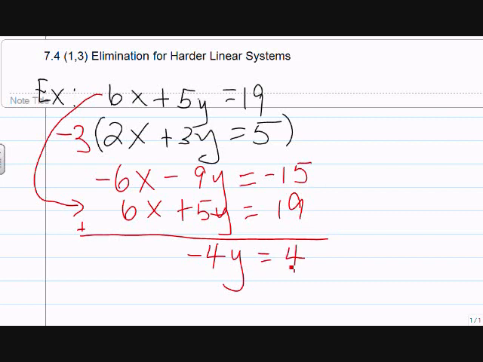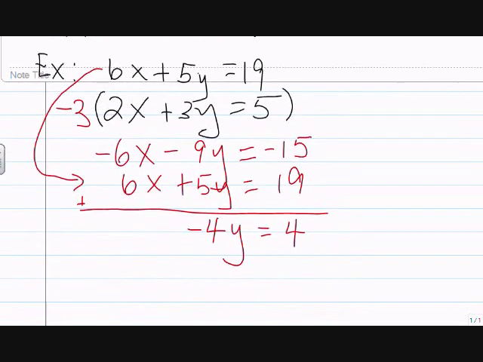Now I can solve for y. Divide both sides of this equation by -4. And I get y equals 4 divided by -4 is -1.